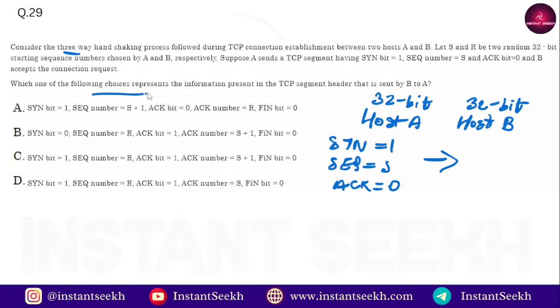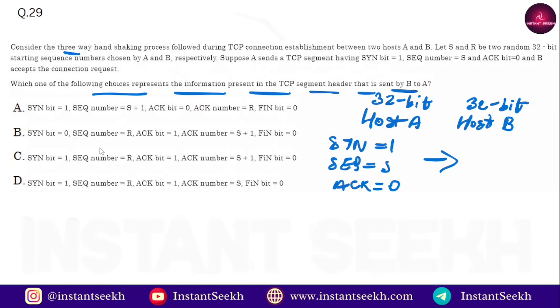Which of the following choices represent the information present in the TCP segment header that is sent by B to A? We check whether each option contains the information or not. The correct answer is option C.